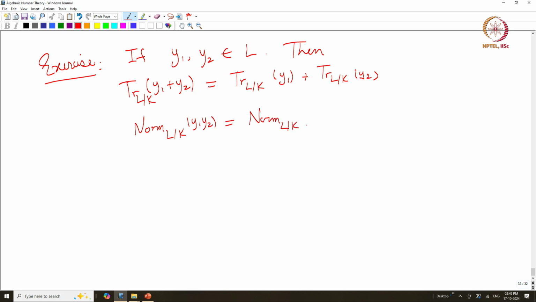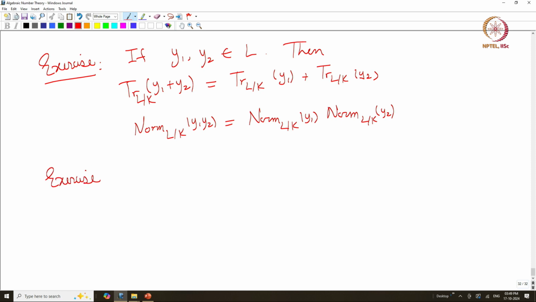So, the norm from L to K of y1, times the norm from L to K of y2. I will give you a couple more exercises because this is all from linear algebra.